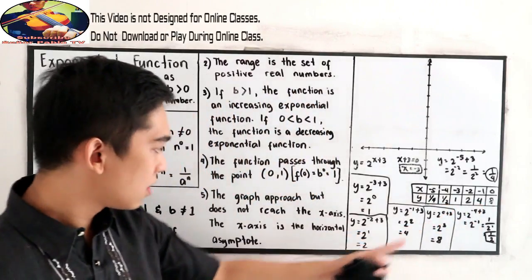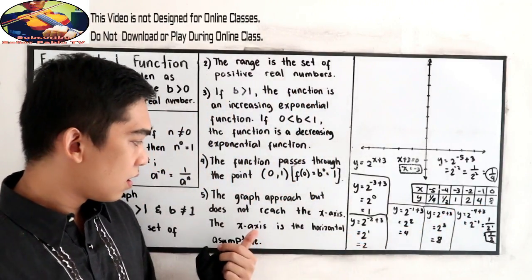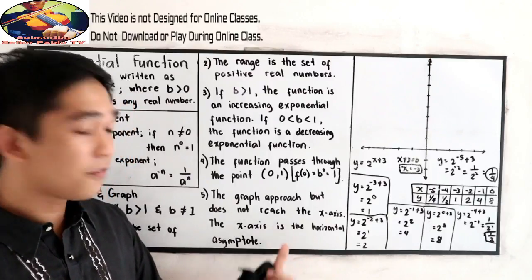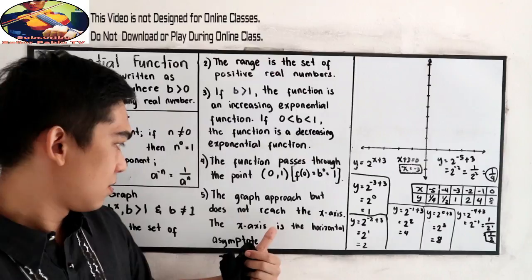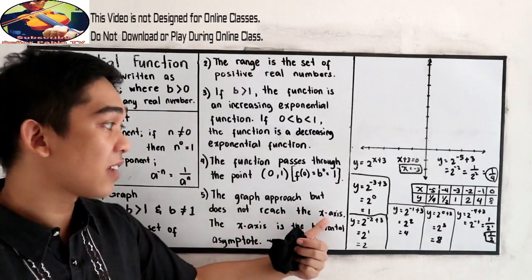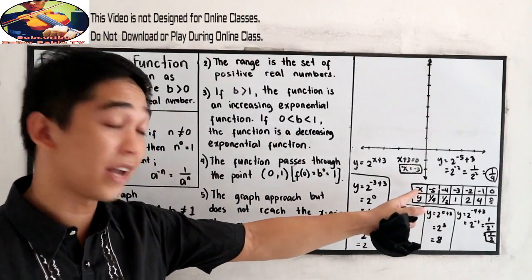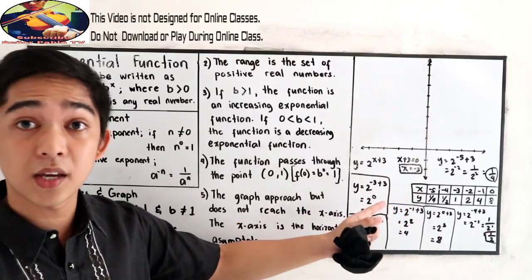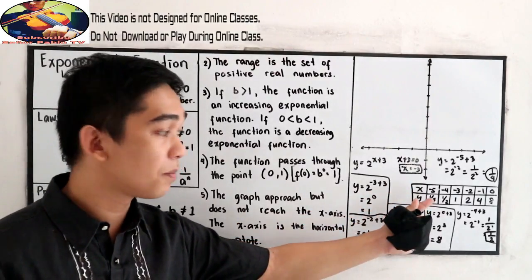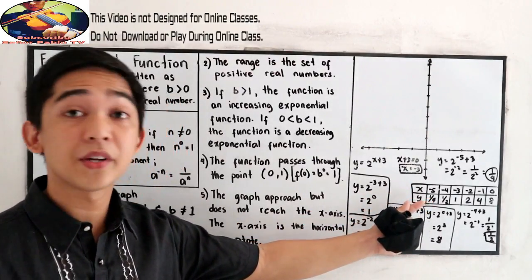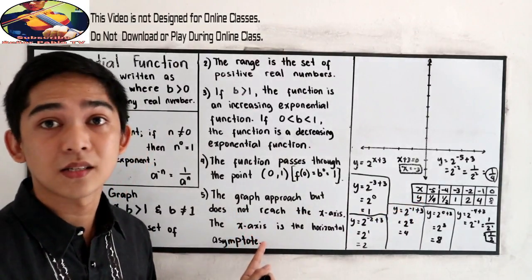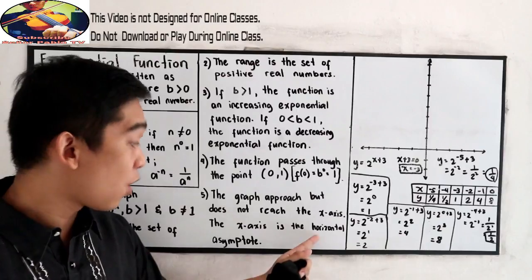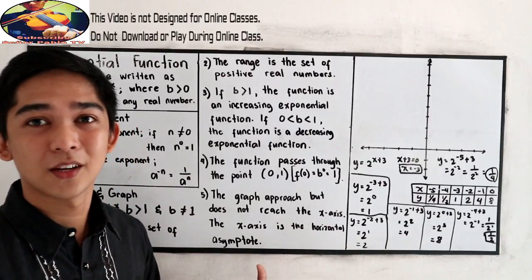If you notice, to check our fifth property, it will not reach the x-axis. So if we continue negative 6, negative 7, negative 8, the value will be decreasing, but it will never meet our x-axis because that is our horizontal asymptote.